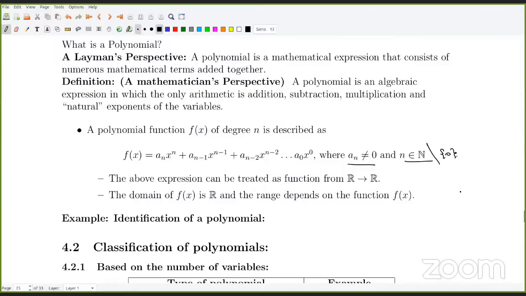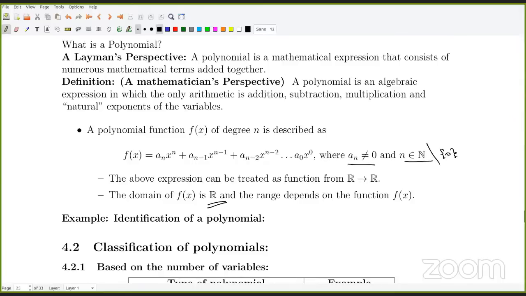Whenever a polynomial is given, the domain of this polynomial will be the set of all real numbers, and the range depends on the function. If it is a quadratic function, the range will be from the vertex point to infinity. If it is a 3-degree polynomial, it will be the whole of R. If it is a 4-degree polynomial, again some restricted range will be there.